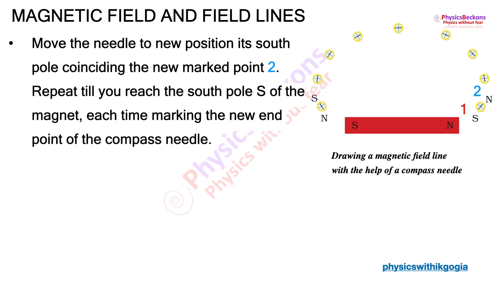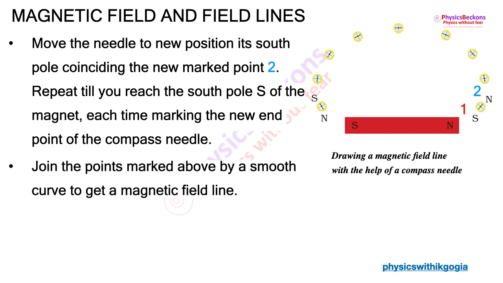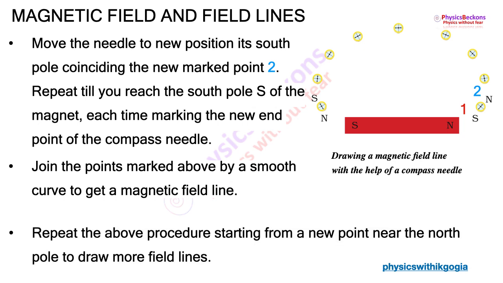That means you have to start from point 1 near the north pole, and keep on moving the compass, continuously marking the new positions of the north pole, till you reach the south pole of the magnet. Join all the points that you have obtained with the help of a smooth curve. This curve represents a magnetic field line.